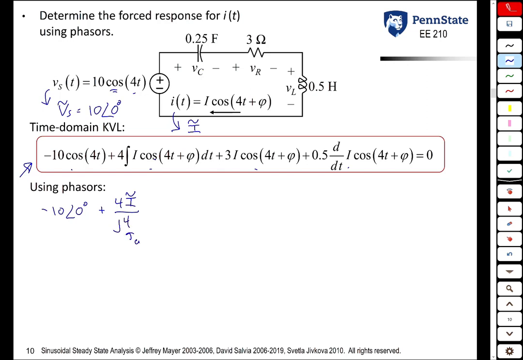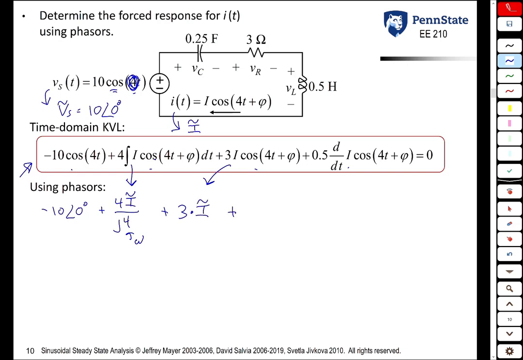Where does this 4 come from? That is the frequency that we're operating at. So instead of integrating, we're now dividing by j4. This term's pretty easy. 3 I cosine of 4t plus phase in the phasor domain is just 3 times I tilde.